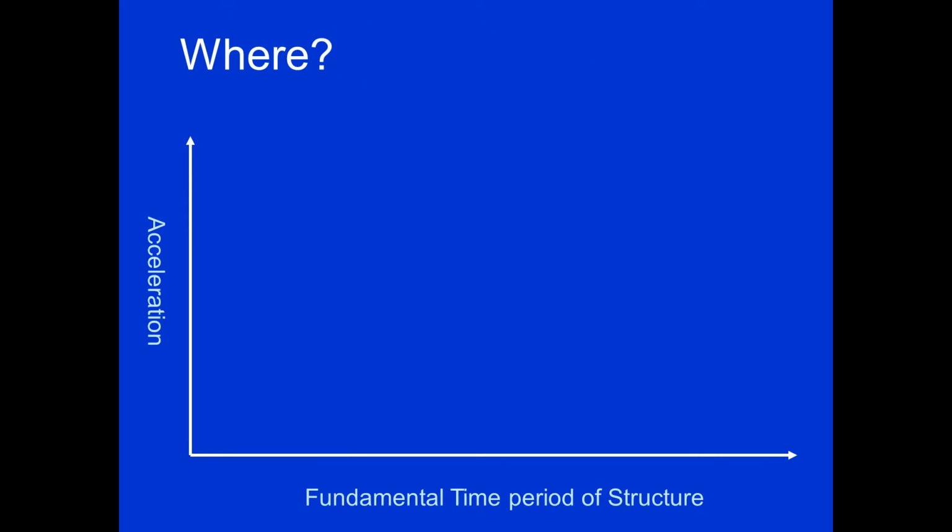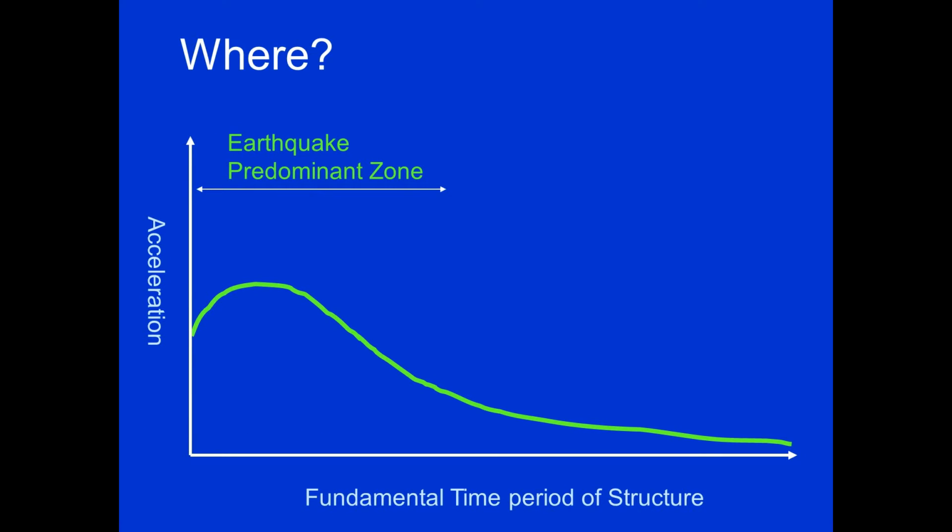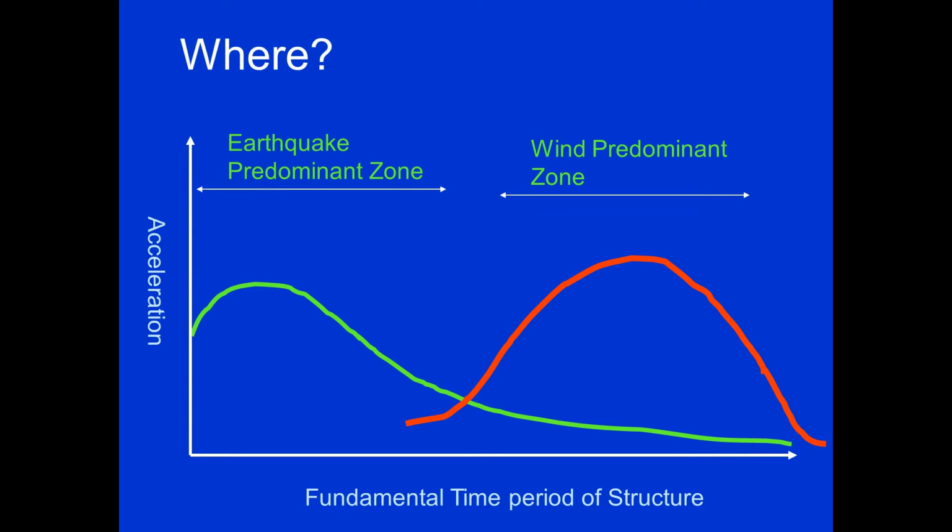If you plot the fundamental time period versus acceleration, then you can see that this is an earthquake prominent zone and the second is a wind prominent zone. The earthquake prominent zone starts with a very high acceleration, then goes on reducing to a certain level.